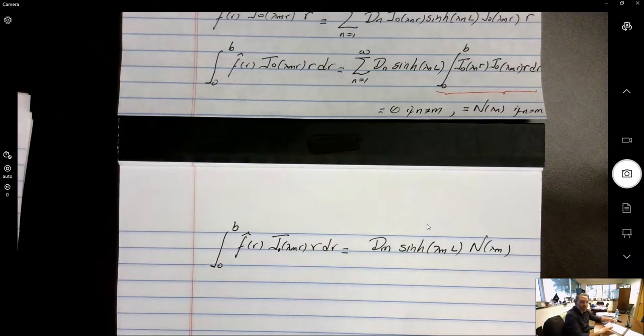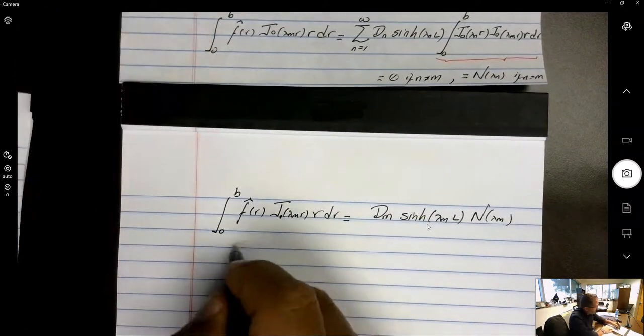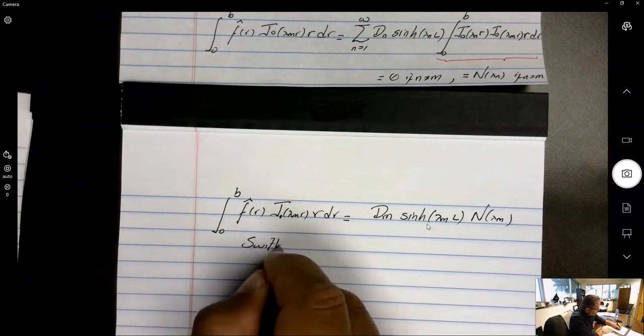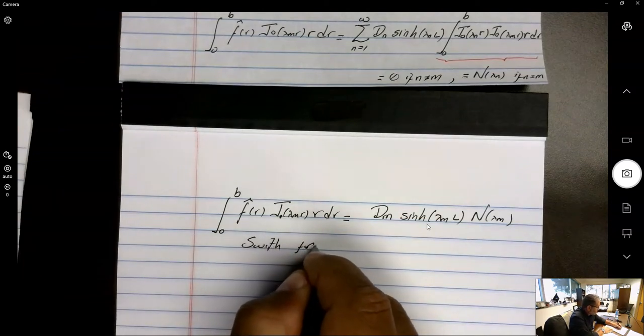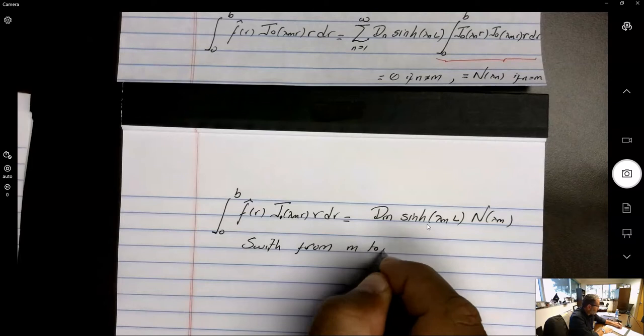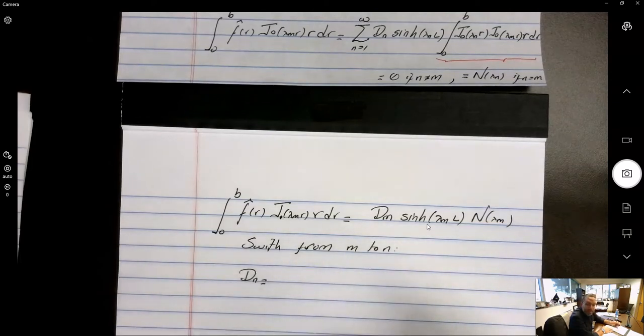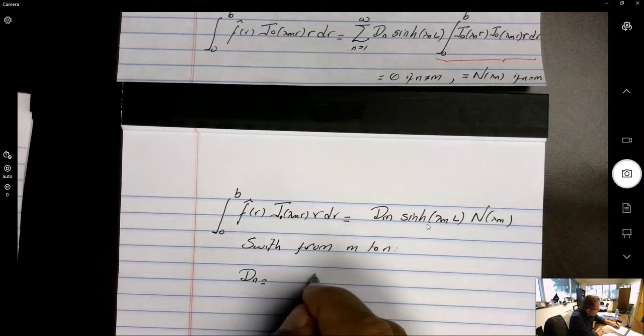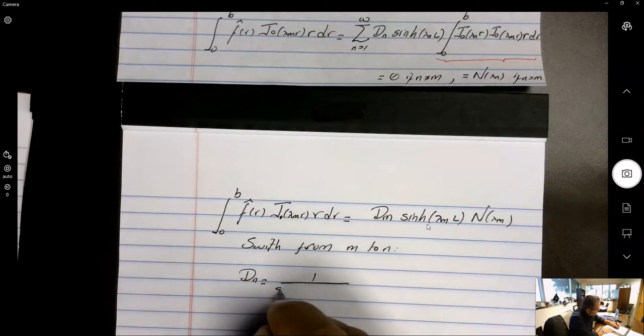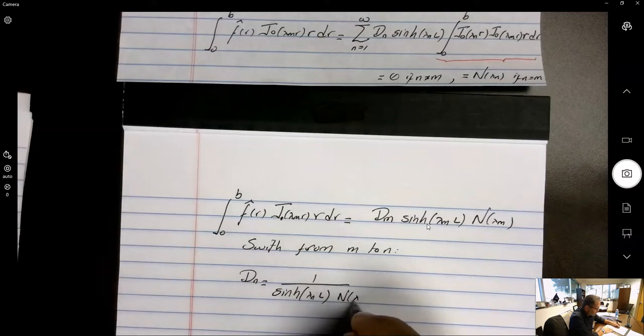And then I can switch notations back from m to n, and what we end up with simply is that the constant of integration dn is 1 over the sine hyperbolic of lambda n l times the norm of lambda n.